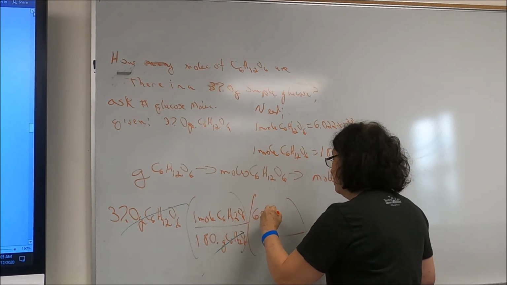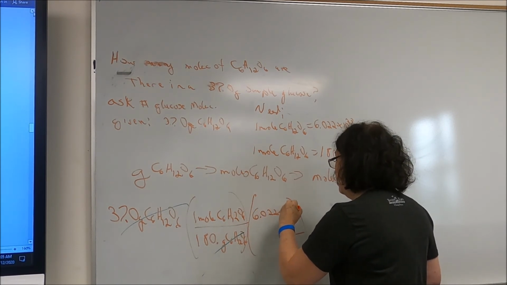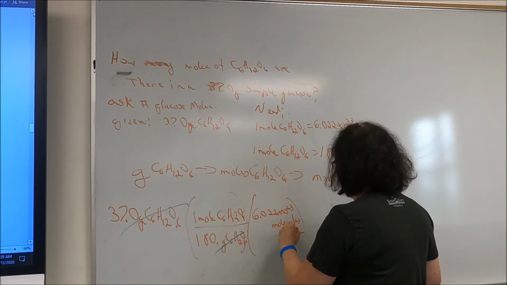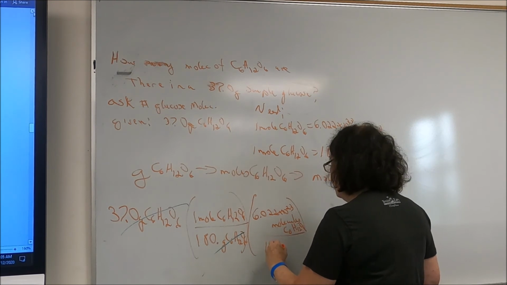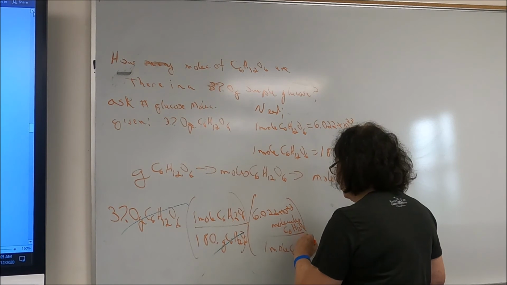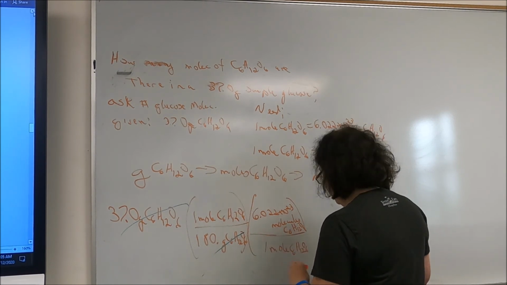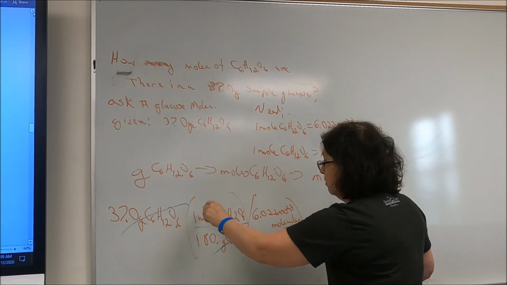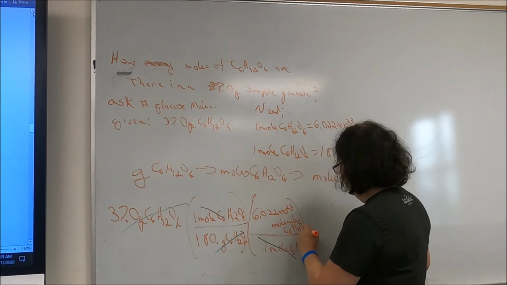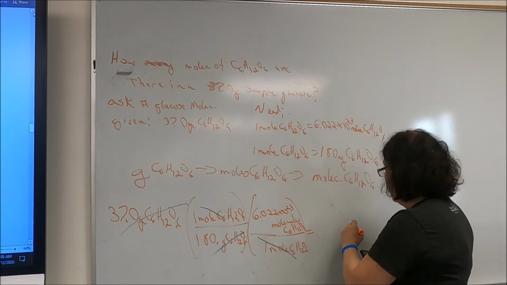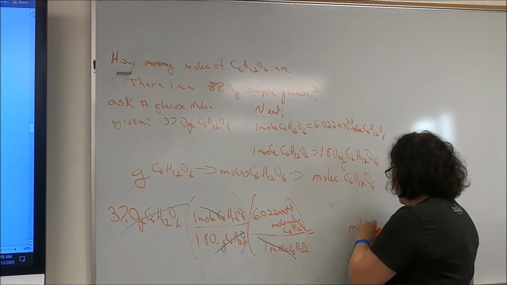So 6.022 times 10 to the 23 molecules of glucose, 1 mole of glucose on the bottom. So now moles of glucose divide out. Okay, and I'm going to end up with an answer in molecules of glucose.